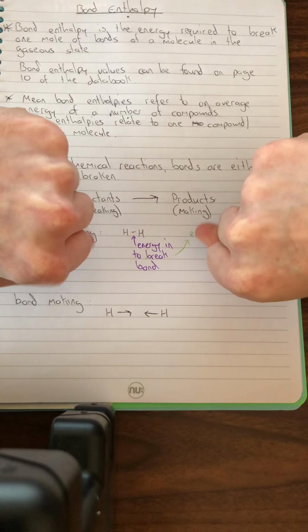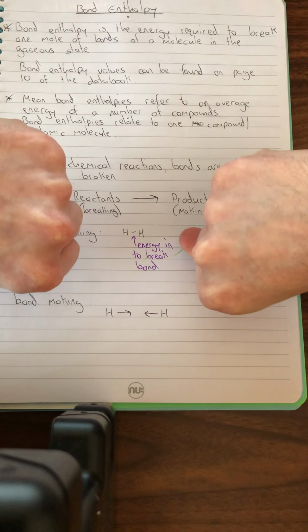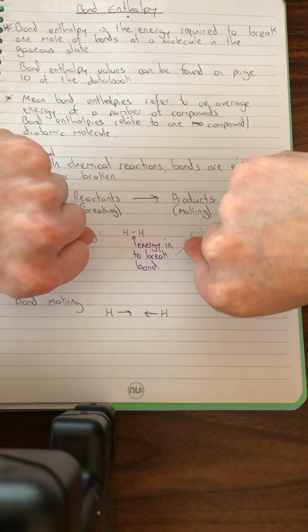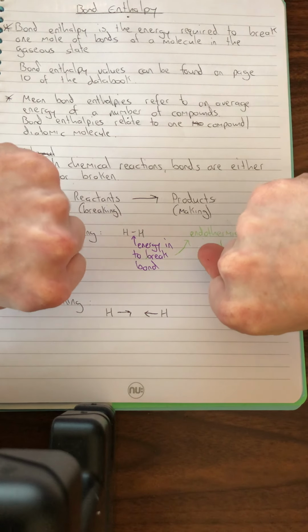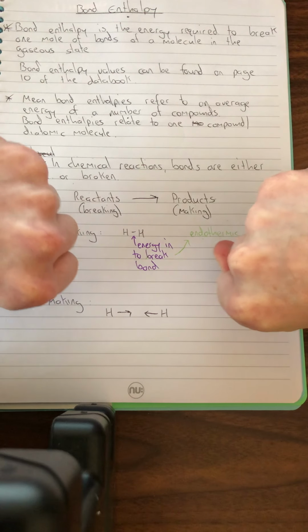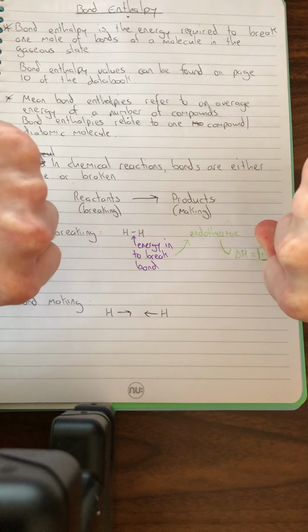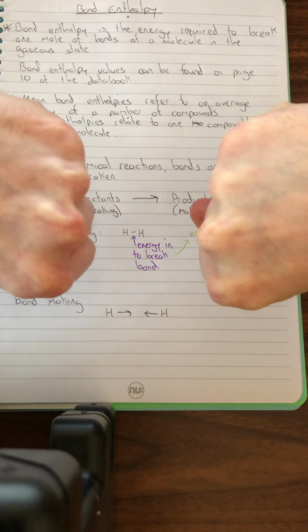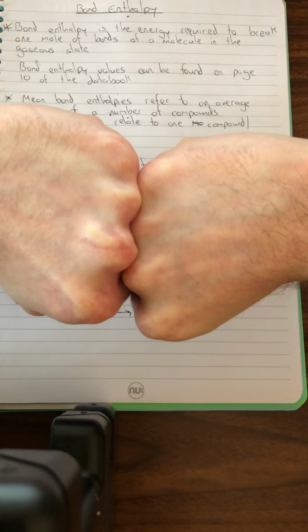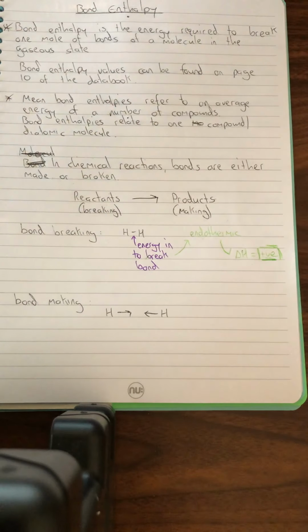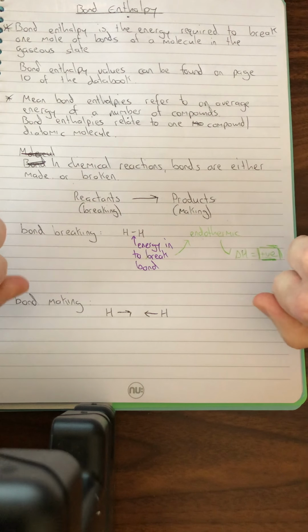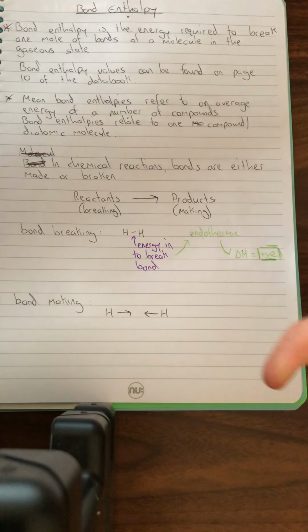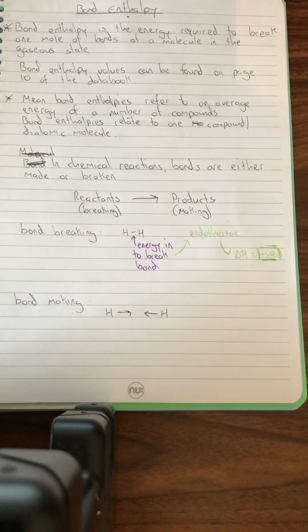Imagine my two hands as two lorries carrying petrol. If they're going at speed, driving towards each other and they hit each other, what's going to happen? It's going to explode. So the two lorries will come in and they'll explode, and they'll release energy.